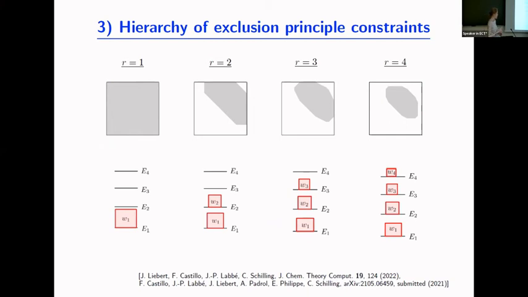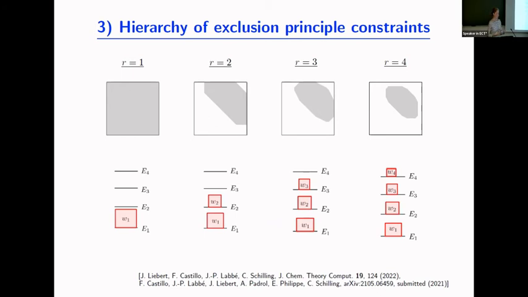Now, if we go to R equal 2 and we have a non-zero weight on the second lowest energy level, then we get an additional constraint, which restricts this set further. If we go to R equal 3, we have again the same constraint here, but we also have this additional constraint here. And as a result, the volume or size of those polytopes becomes smaller and smaller.